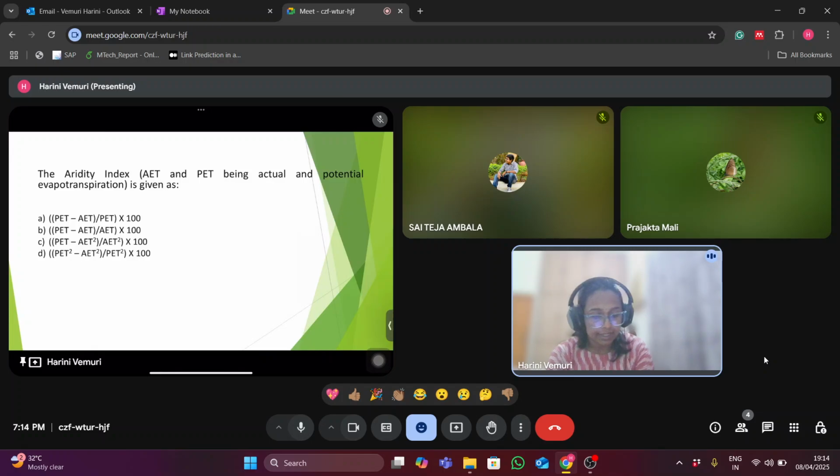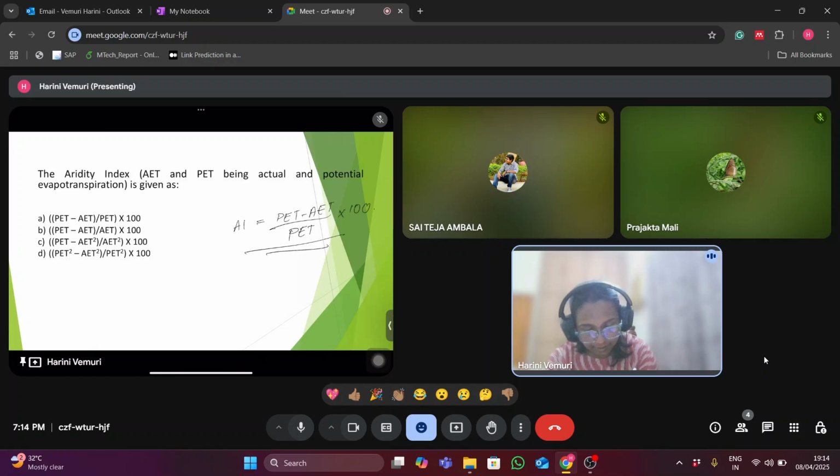Then the aridity index, where AET and PET are actual and potential evapotranspiration, is given as. If you remember, aridity index is calculated as PET minus AET by PET into 100.